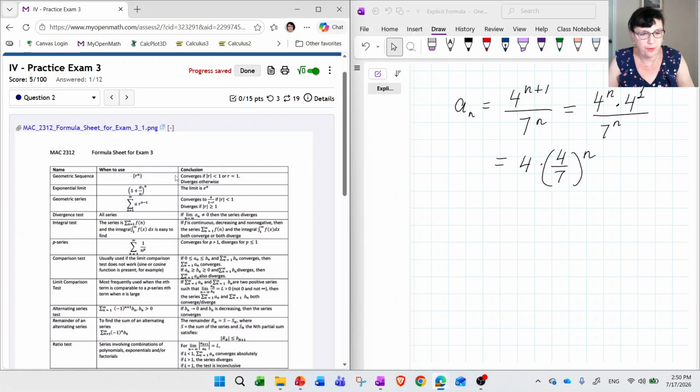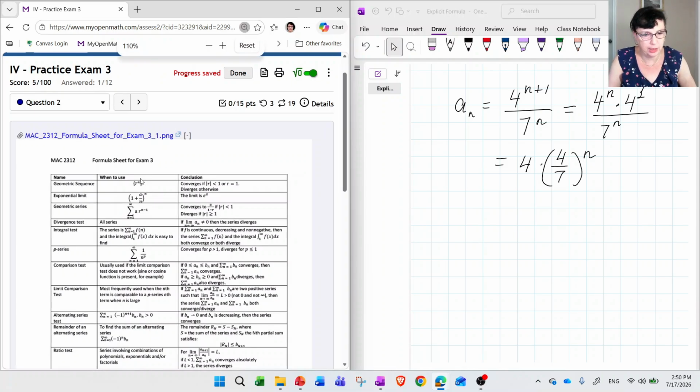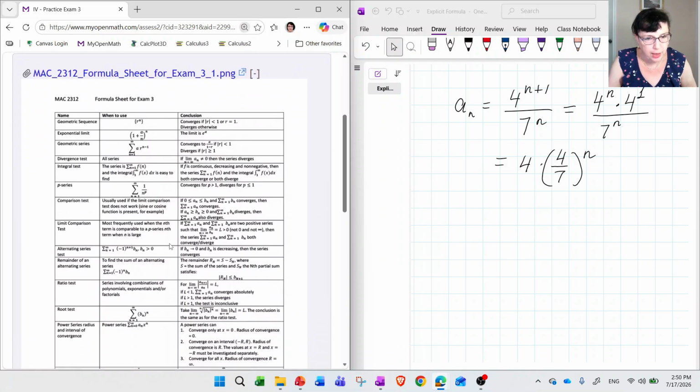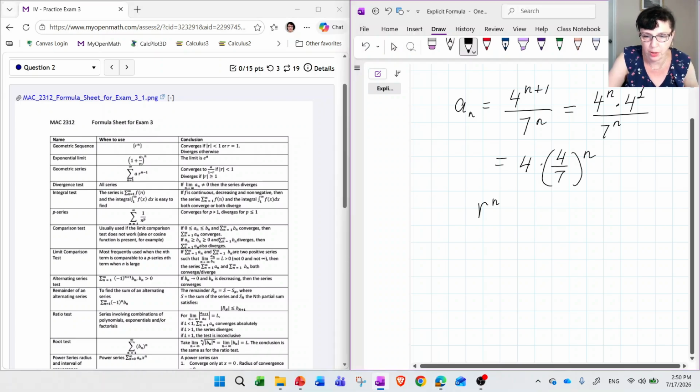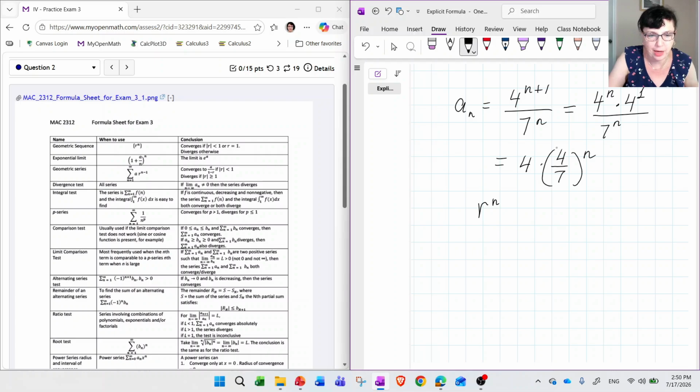If I open my formula sheet, this sequence is r to the n. I don't know if you can see it, it's kind of small. Anyway, for this r to the n sequence, where r is a number, we know that it converges to 0 if the absolute value of r is less than 1.